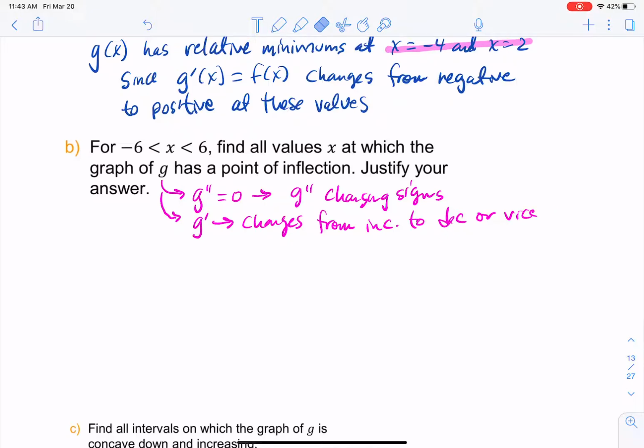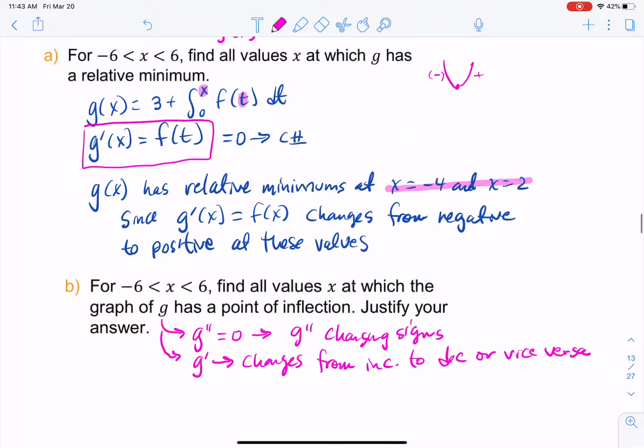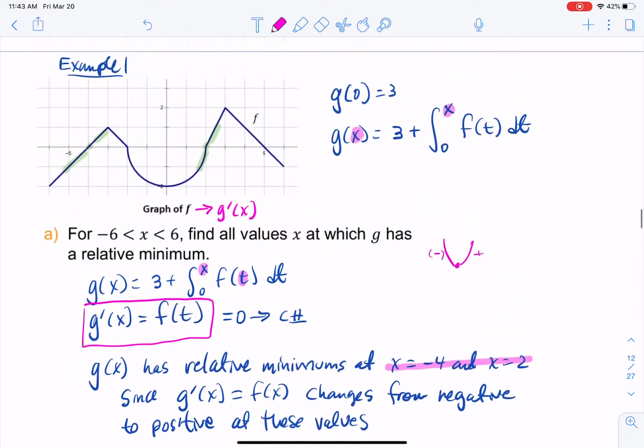And that's actually how I would recommend that you justify it, because that's what you're given. You're given a graph of g prime of x, so let's justify it based on that one. And that's the definition of points of inflection, or concavity, anyway. The second derivative changing sign is just a convenient test for it if you have access to your second derivative. So let's look to see where g prime changes from increasing to decreasing or vice versa.